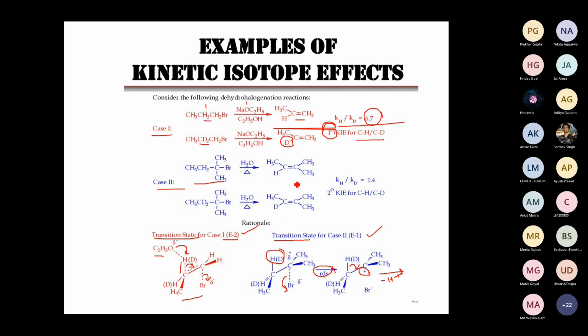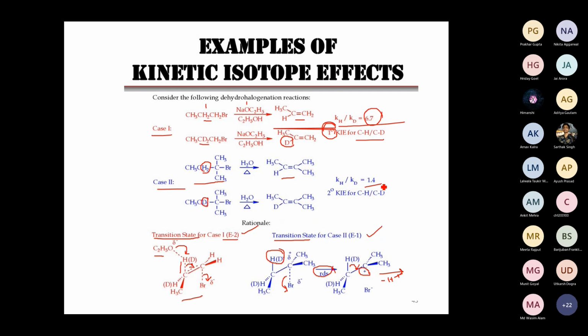In water it gives isoprene. If you replace this CH2 with CD2, now kH by kD is 1.4.